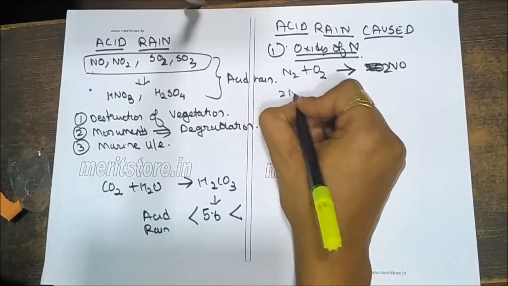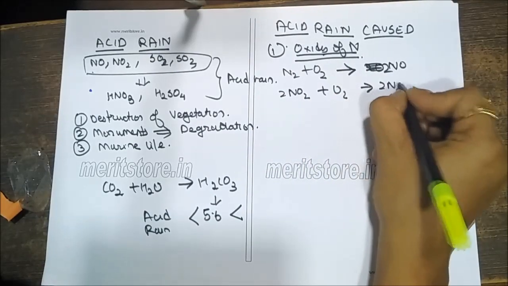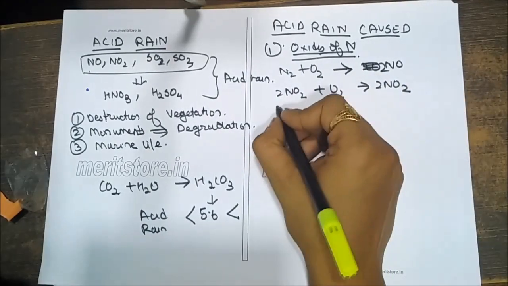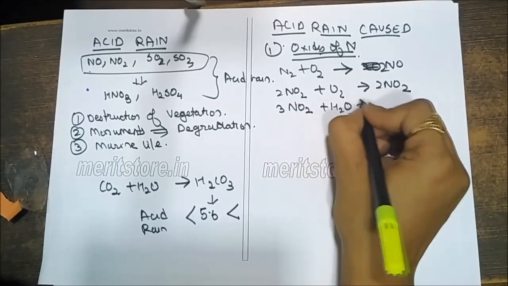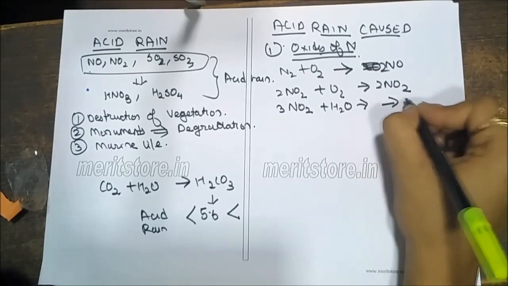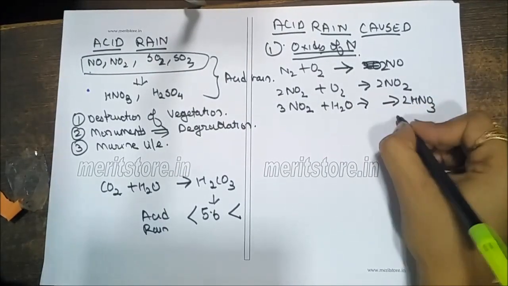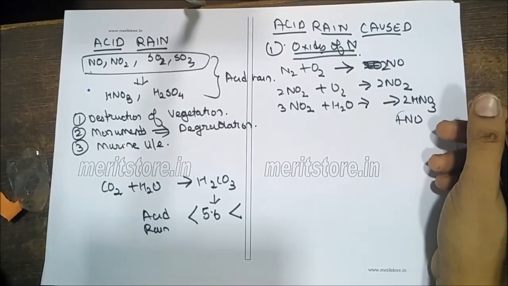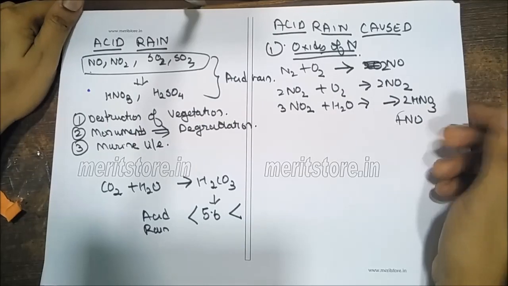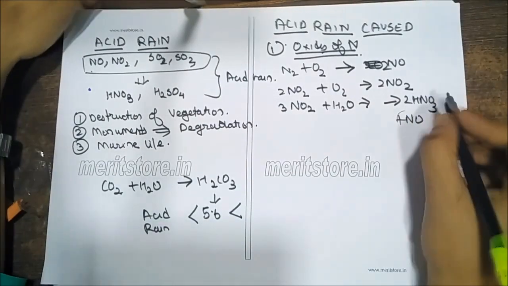This nitrous oxide would further combine with oxygen to form nitric oxide. This nitric oxide would further combine with water vapor in the atmosphere to form nitric acid. And again nitrous oxide is released, which will again combine with the oxygen to form nitric oxide. So this is the formation of nitric acid in the acid rain.